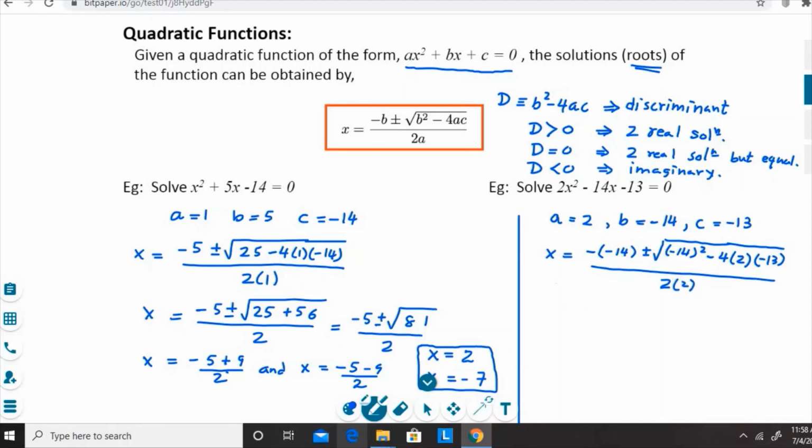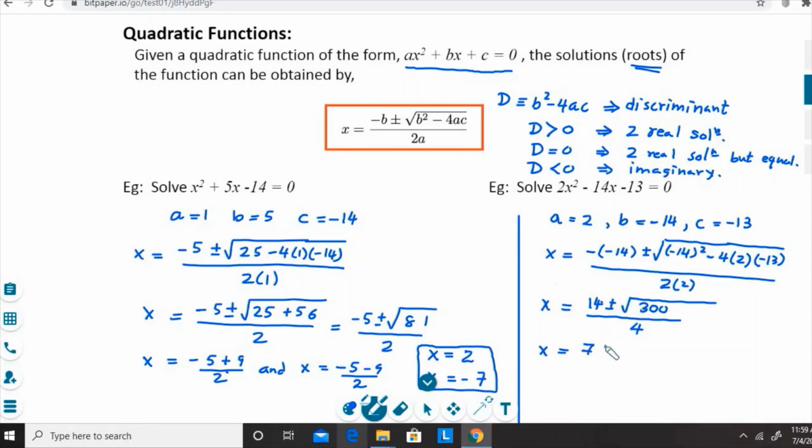So it's a matter of simplifying this. So if you simplify, you'll get plus 14, and inside the square root, you can do the calculation and you'll see you are going to get like 300, which is a positive number, and then divide the entire thing by 4. Again, you can simplify this. You can simplify the square root of 300, and then divide everything by 2.